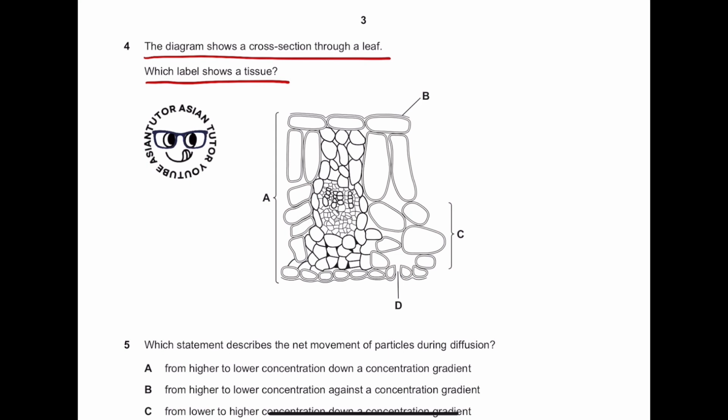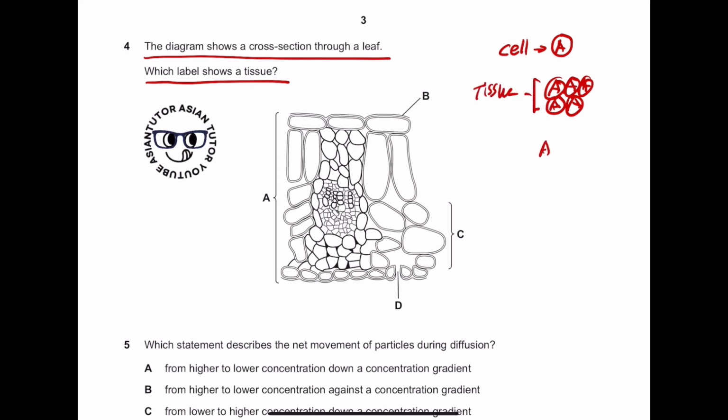So when we talk about tissue, it is a group of cells, actually a group of the same cell gathering together. So let's say there is a cell called cell A. So A is a cell. If we have A, and A, the whole thing now is called the tissue.